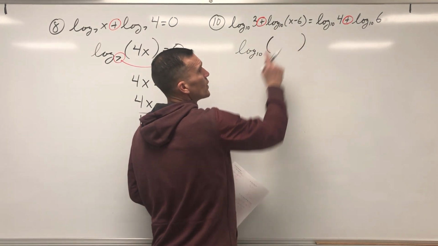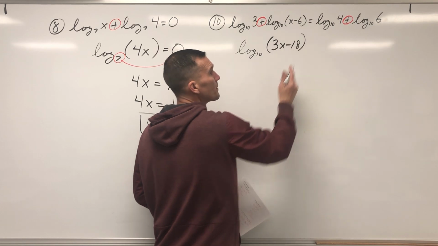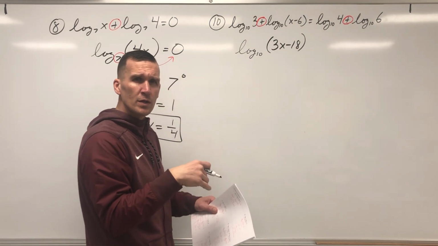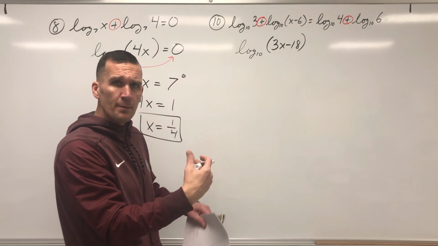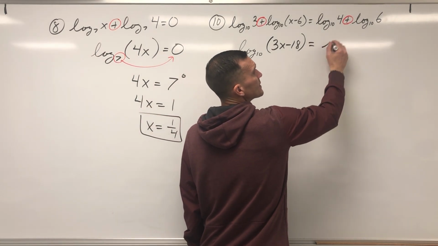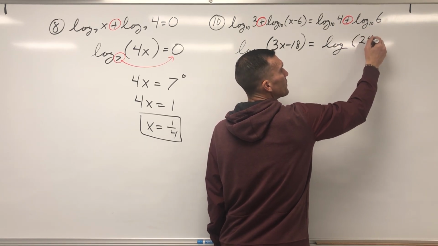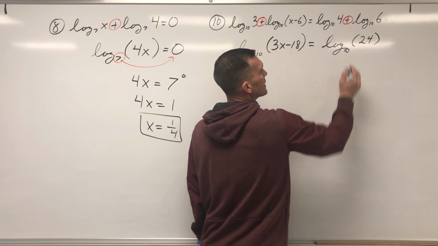So 3 times quantity x minus 6 becomes 3x minus 18. Now in my notes, I showed it separate. I went a little slower, but hopefully you can compare these to the notes and follow along. On the right side, it becomes a single logarithm, and 4 times 6 is 24. Now I forgot log base 10, sorry.